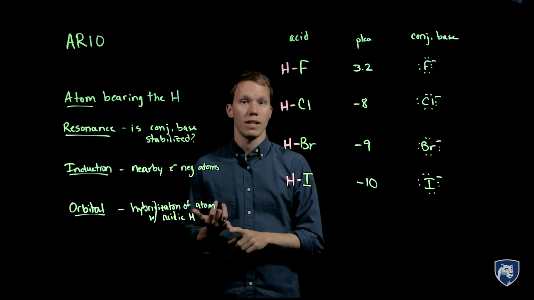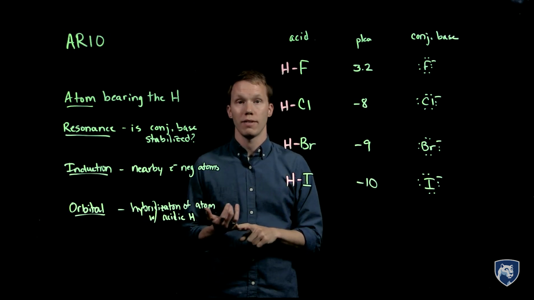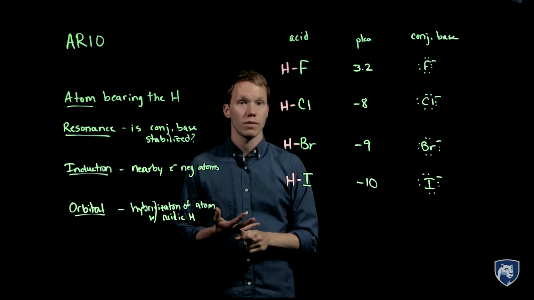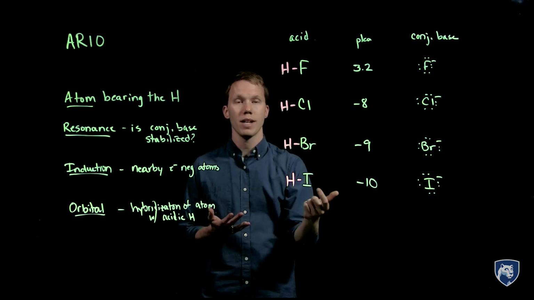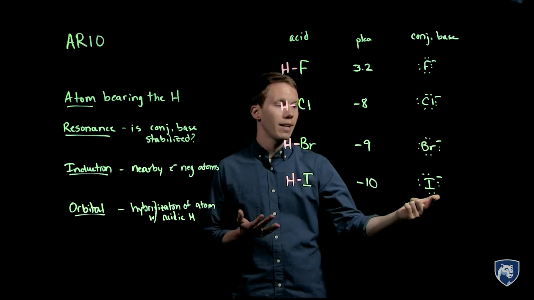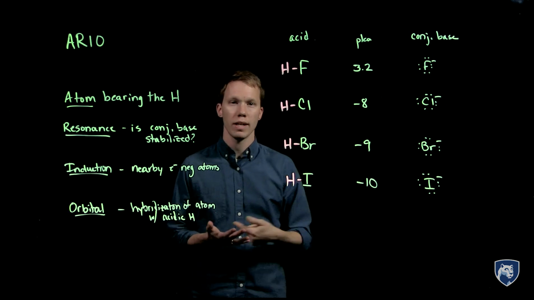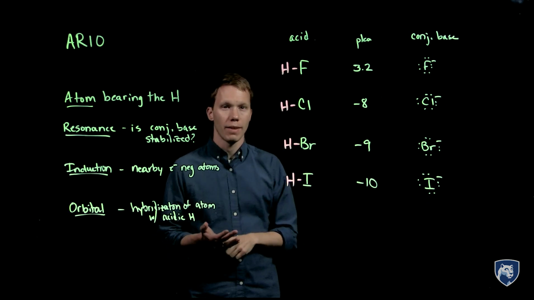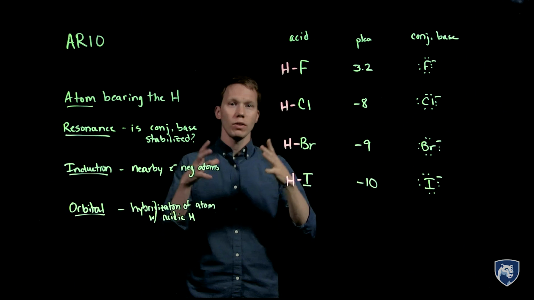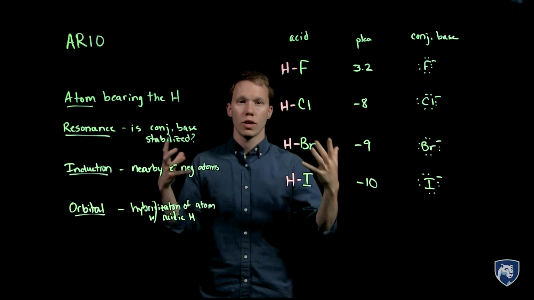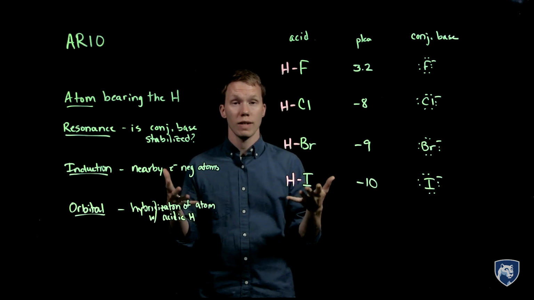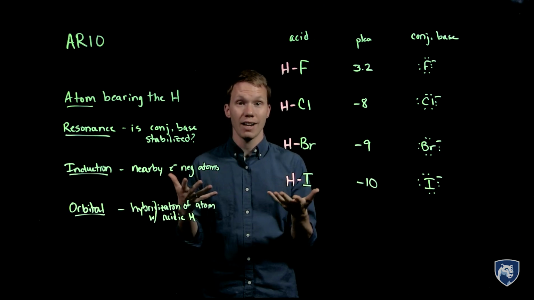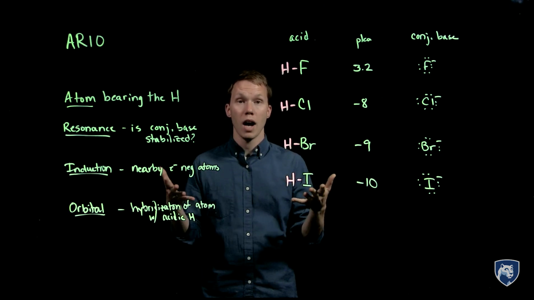Okay, can't be electronegativity because fluorine is the most electronegative. Well, what about atom size? Okay, the trend moving down the group is increasing atom size. So would a larger atom be more stable with a negative charge? Think about that. If we have a larger atom, we have a larger electron cloud and a larger region of space for that extra electron to occupy.